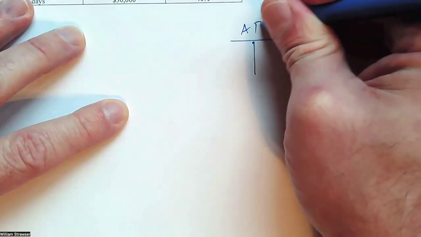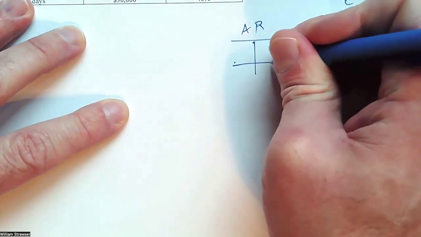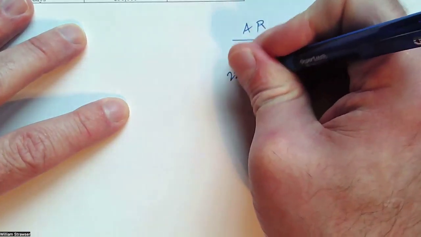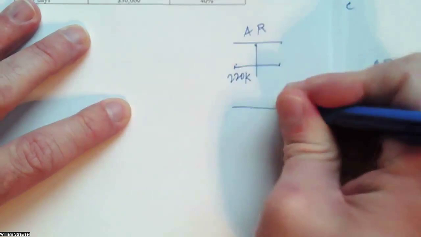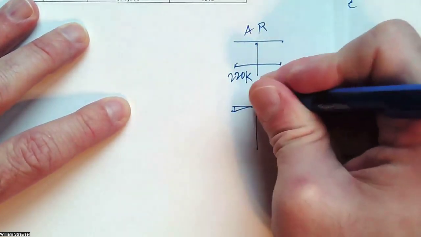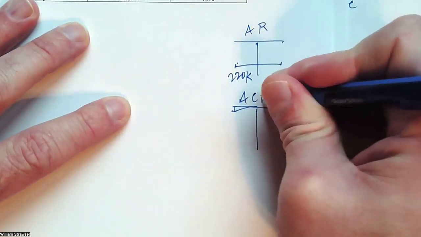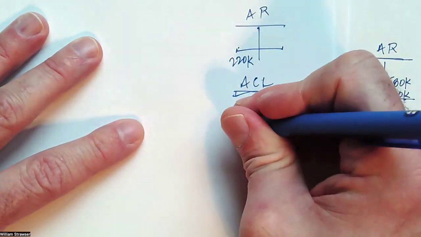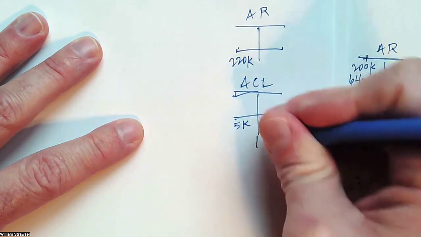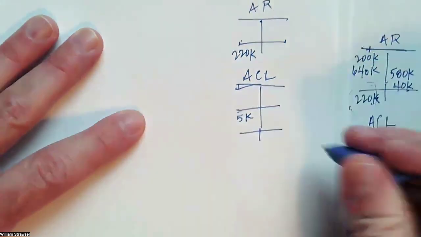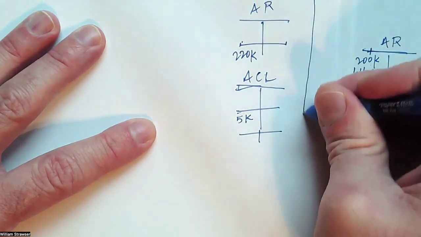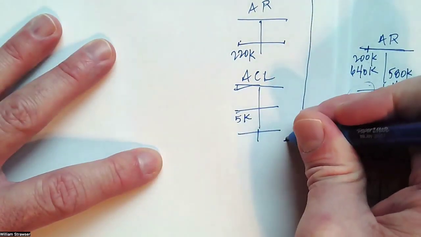I have an accounts receivable balance after adjustments, after all the entries for the period have been recorded, of 220,000, and then my ACL, the contra asset, had a $5,000 debit unadjusted balance. And now we're going to use the aging schedule to figure out what I want my adjusted balance to be.